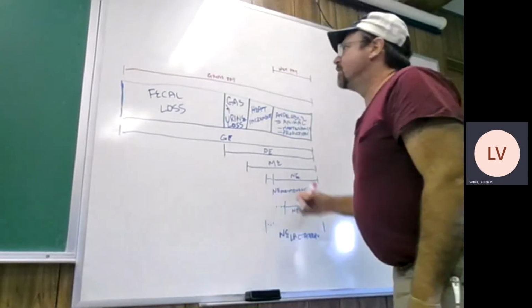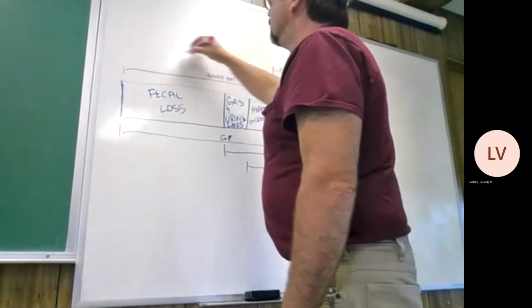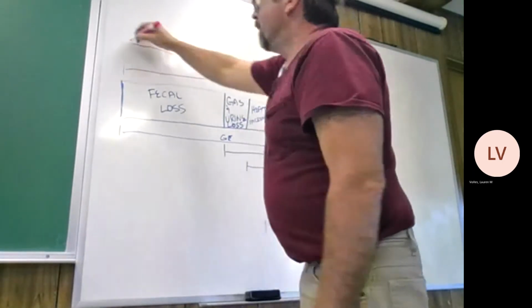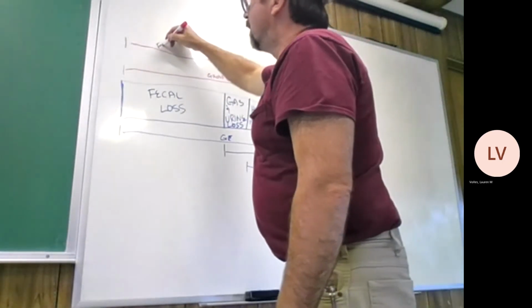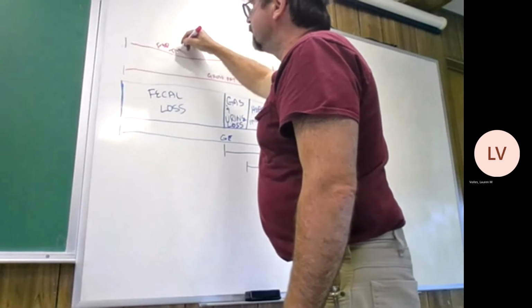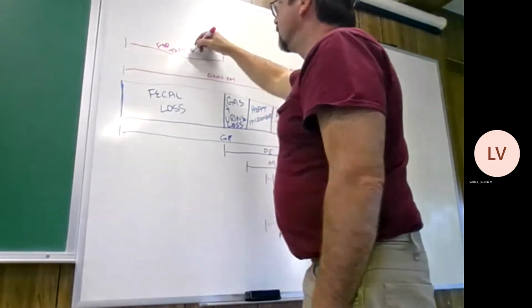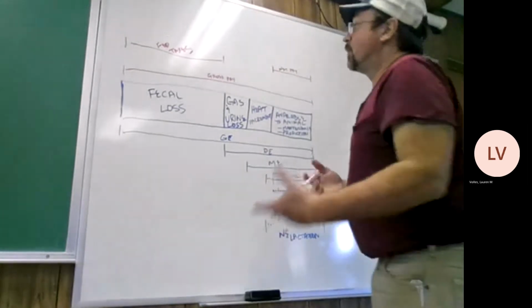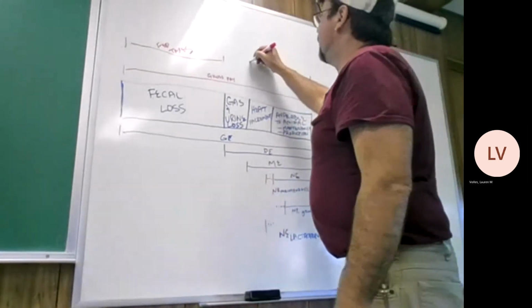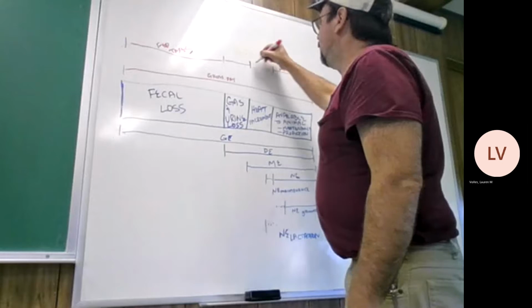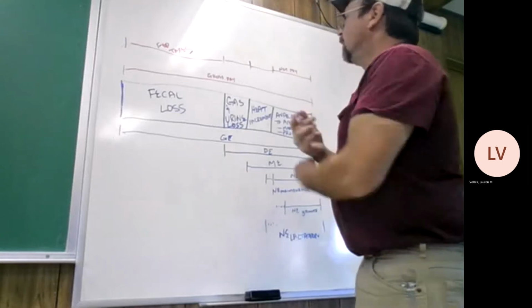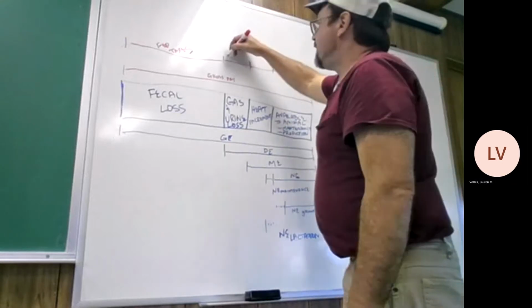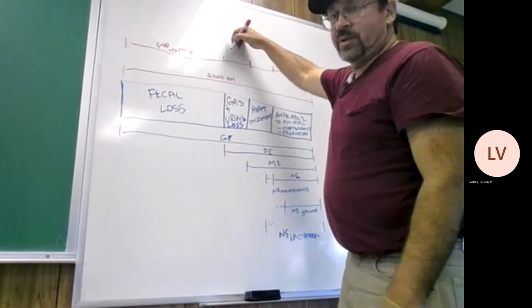So what are our losses along the way? Well, the government's going to take a bite. So let's say this equals, I like thinking about fecal losses as federal taxes. That's just my sense of humor. And then we have state taxes. Are you in New York or New Jersey?